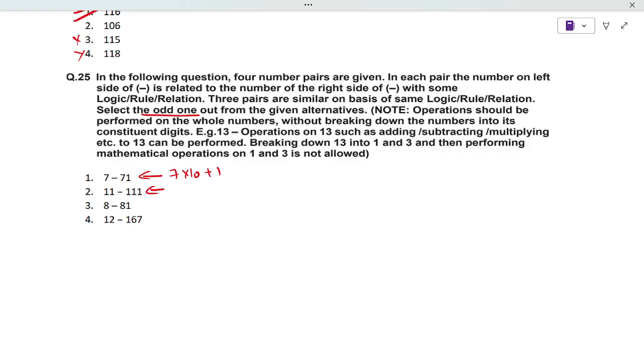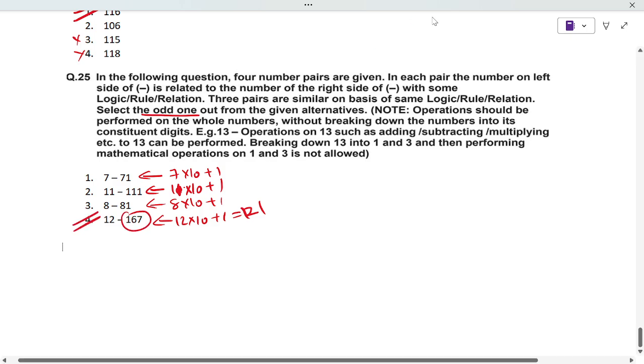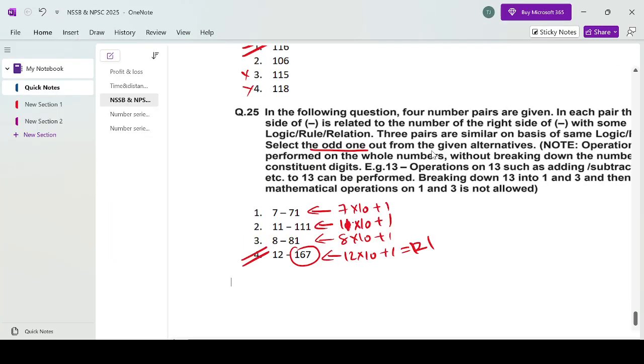Let's check this one also: 11 into 10 plus 1, we're getting 111. Even for this one, 8 into 10 plus 1, we're getting 81. But here 12 into 10 plus 1 will give us 121 and we're getting 167, right? So option 4 will be the answer.